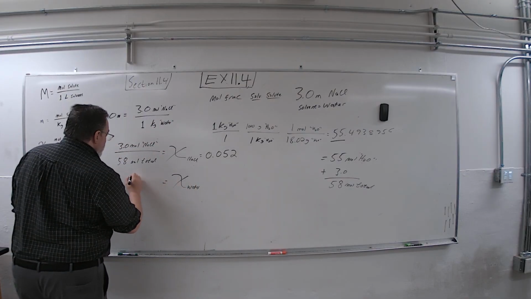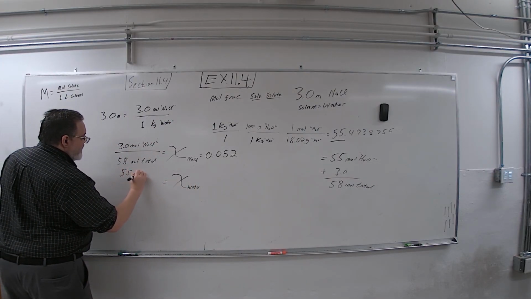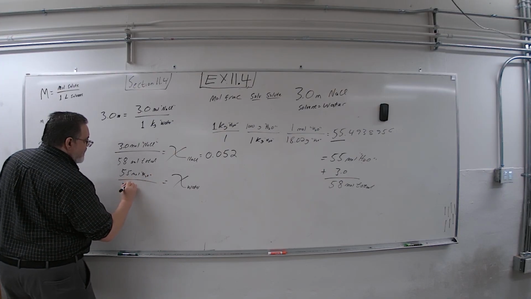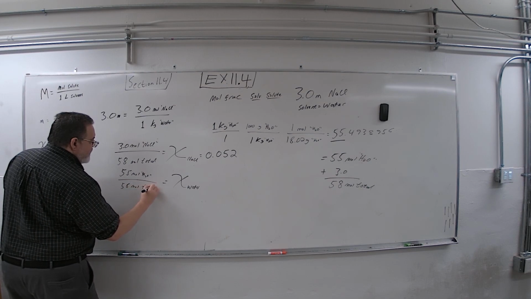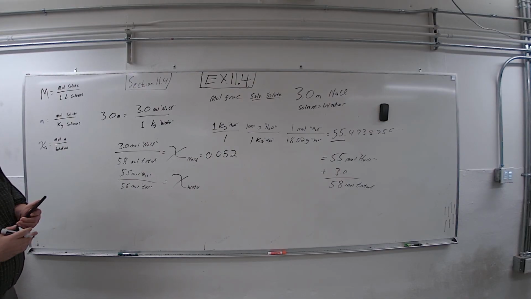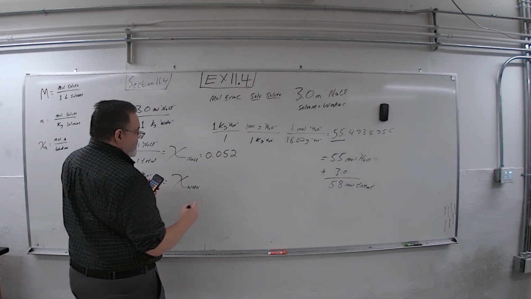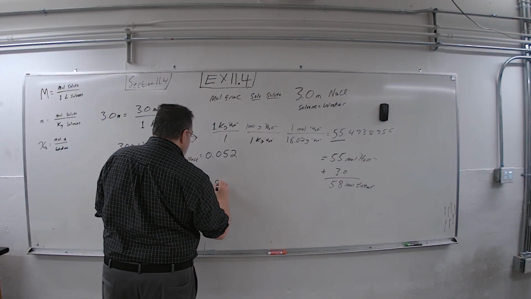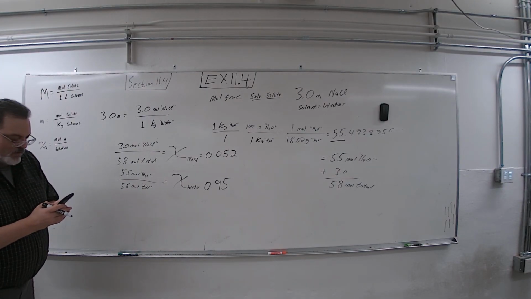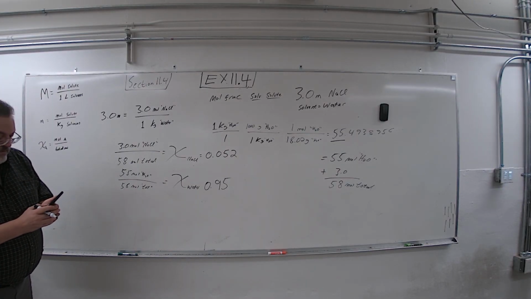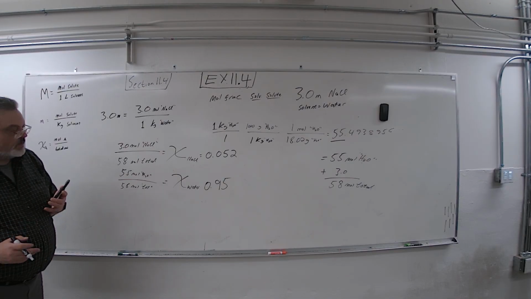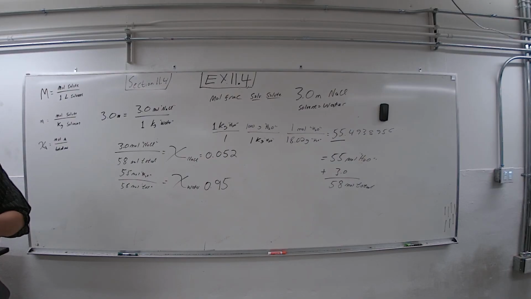And the mole fraction of water is 55 moles of H2O over 58 total, 55 divided by 58, 2 significant figures, 0.95. And those add up to about 1, rounded. Makes sense. Simple, right?